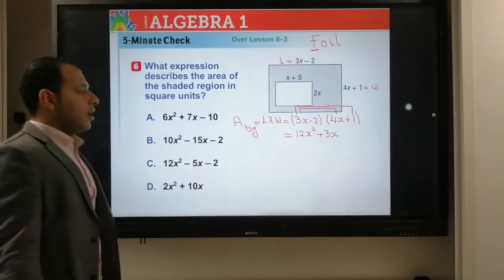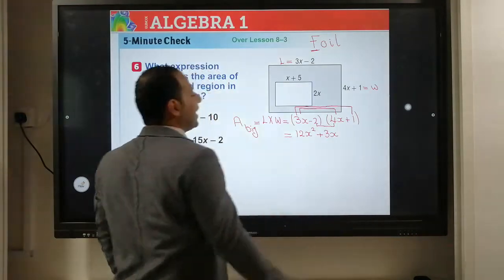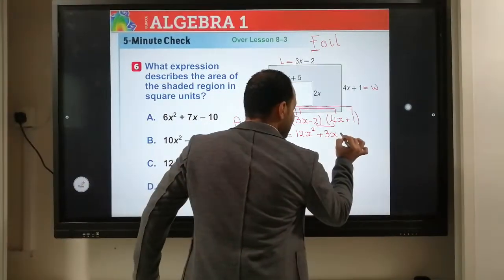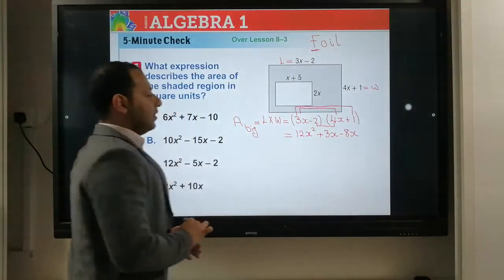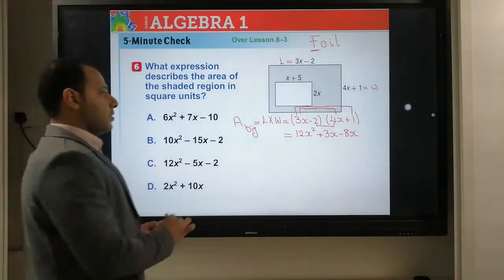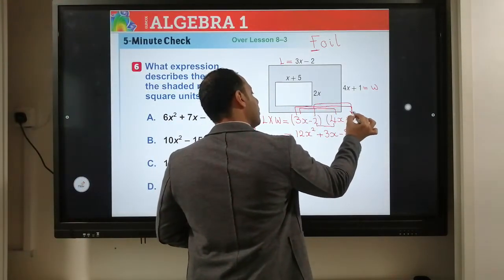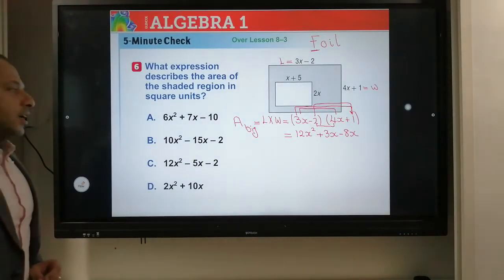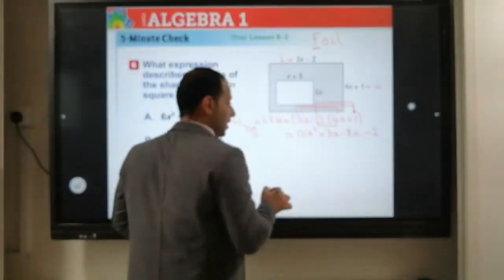And then the inner. I have to multiply negative 2 by 4x. Excellent, it's negative 8x. And then the last term from here and the last term from here will be negative 2. Pay attention to the sign, please.